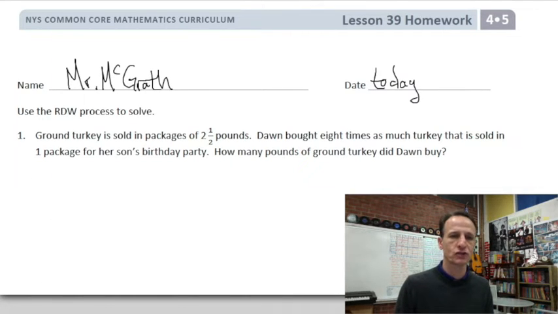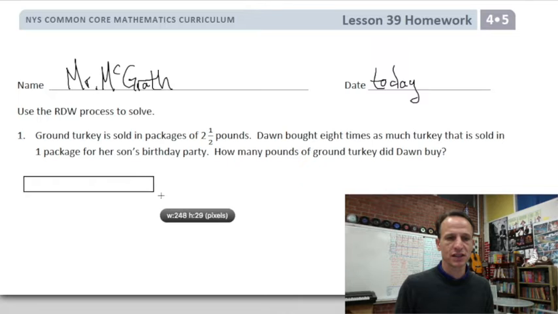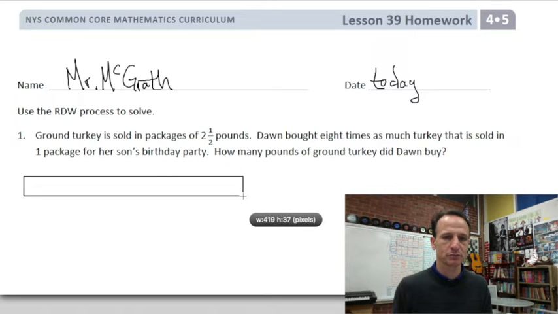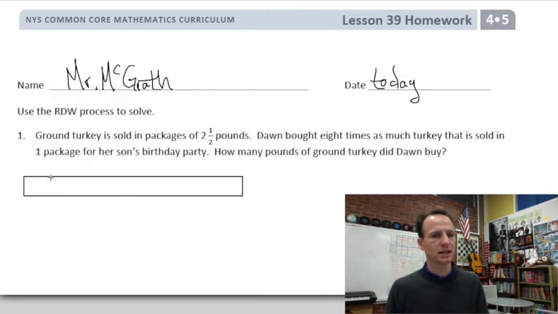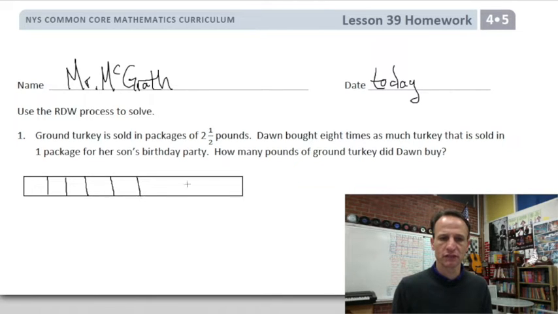If we're going to draw ourselves a little tape diagram, we'll just make ourselves a pretty little rectangle. And we need to draw 7 lines to make 8 parts here. So 1, 2, 3, 4, 5, 6, and 7.